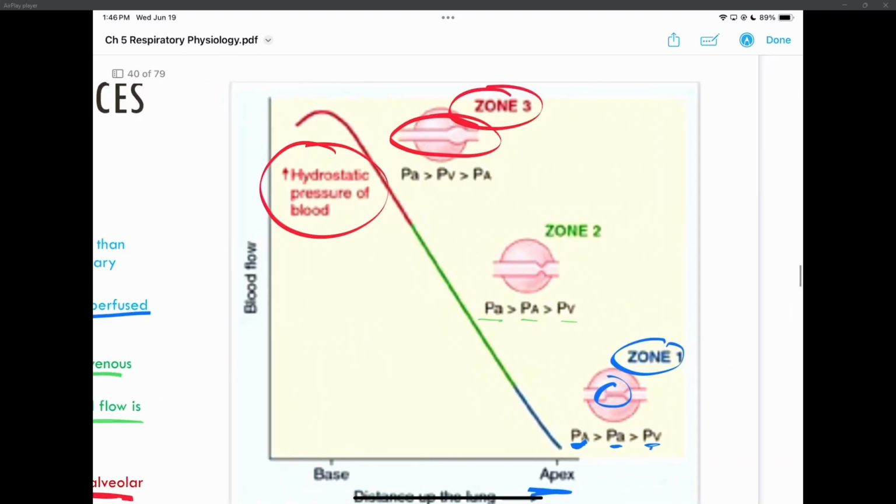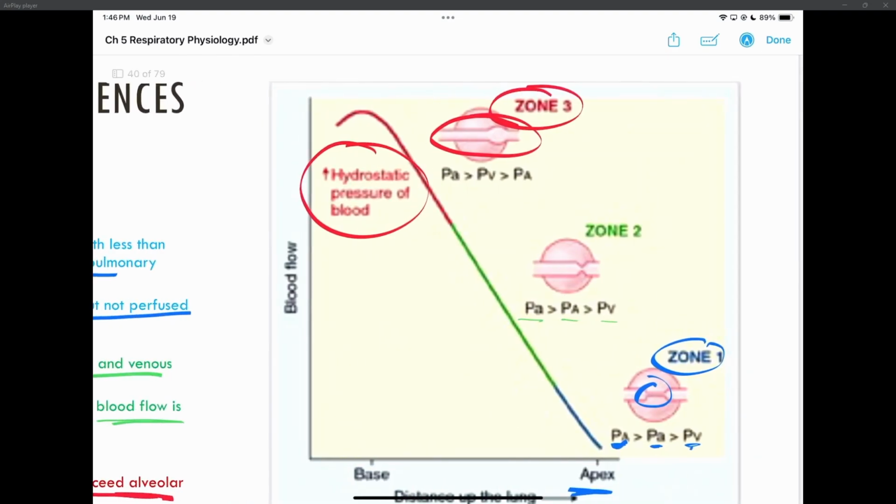In the apex, because of gravity, there's no perfusion, but they are still being ventilated. But with no perfusion, no gas exchange occurs in the apices. When you exercise, all these systems open up, the whole lung gets perfused, and you will have perfusion and ventilation in all parts of your lungs.